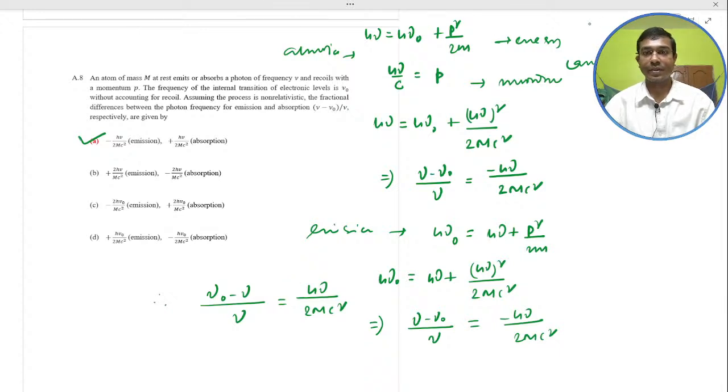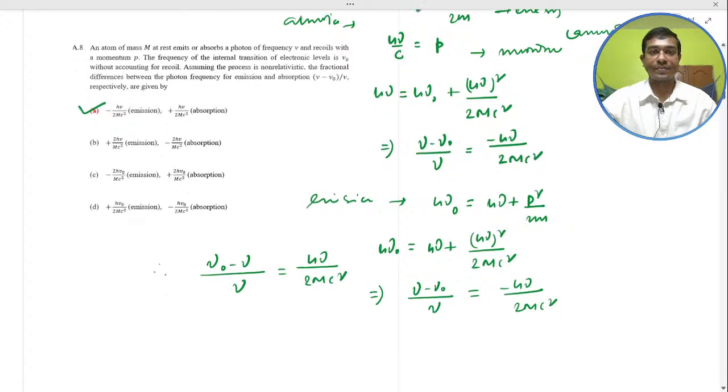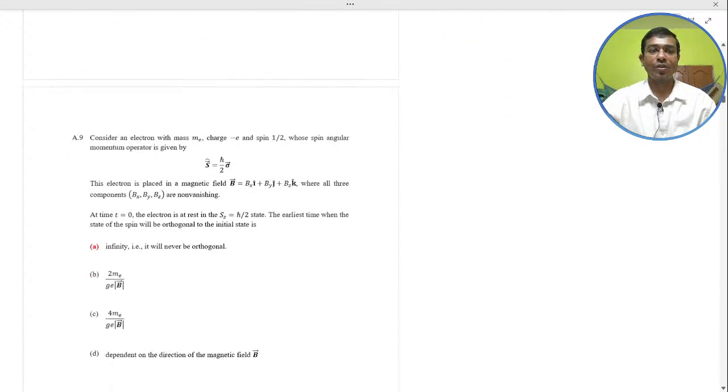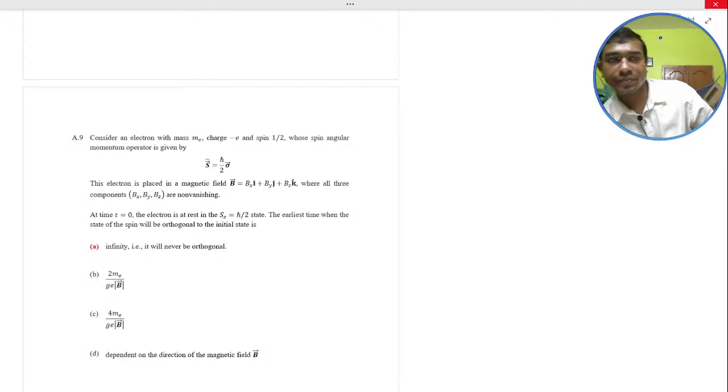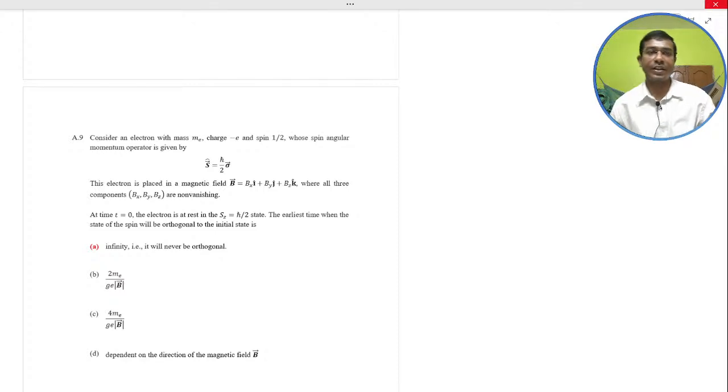Okay, that's the next question. Question number 9. Consider an electron with mass m e and charge minus e, spin half, with spin angular momentum operator given by S equal to h cross by 2 sigma.